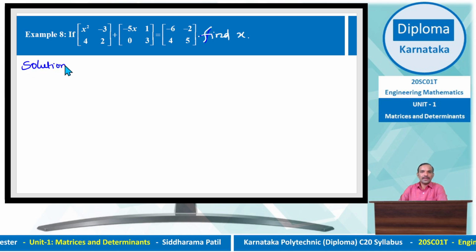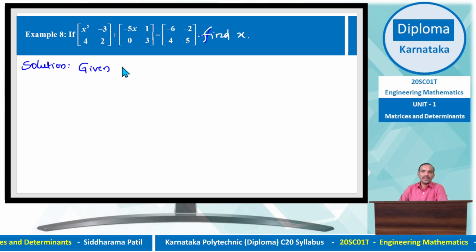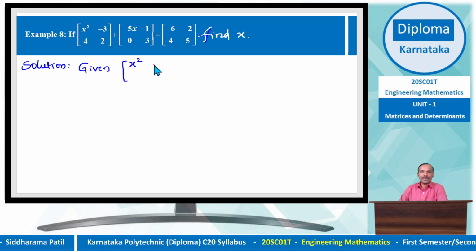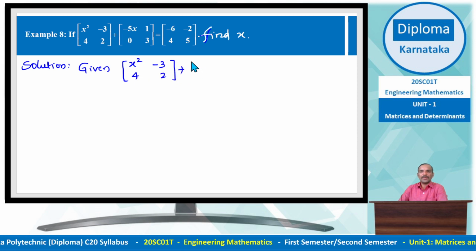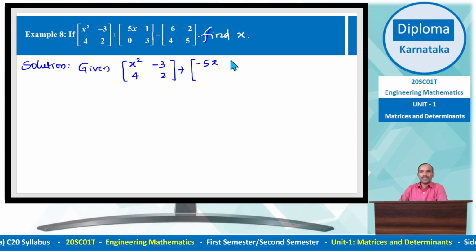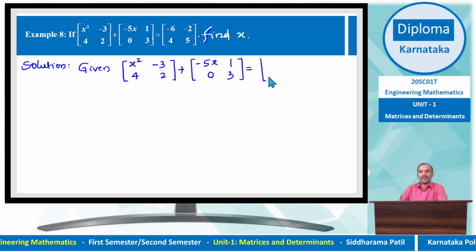Take the given, write down the given. What is given is x square minus 3, 4, 2, plus minus 5x, 1, 0, 3 is equal to minus 6, minus 2, 4, 5.